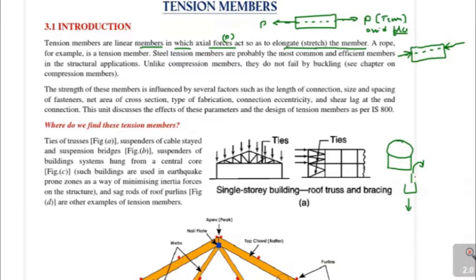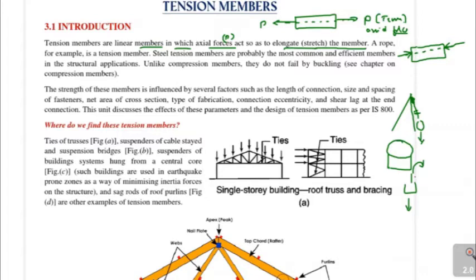Your weight acts downward, and since the rope is fixed to this surface, a tension is developed in this rope, and this rope is a tension member. But coming to the civil engineering field, we have certain members which we can call tension members. We are going to look into that.